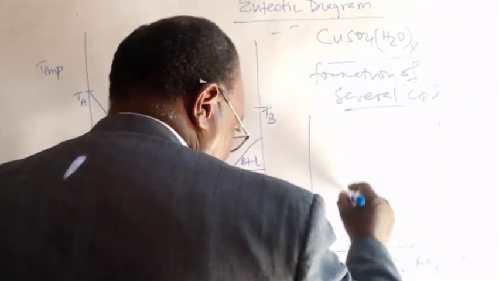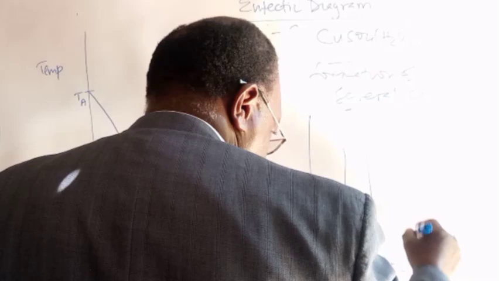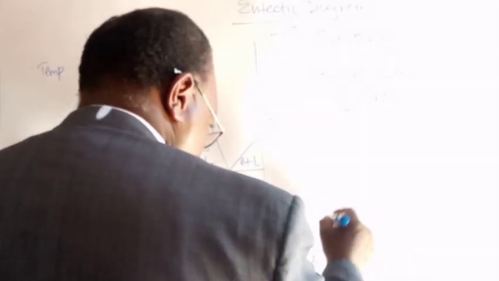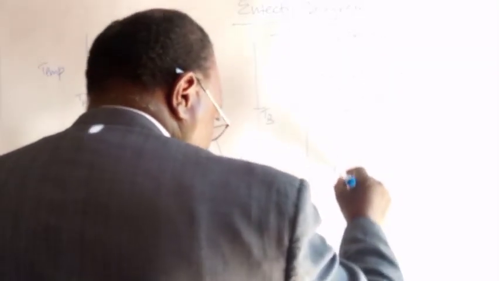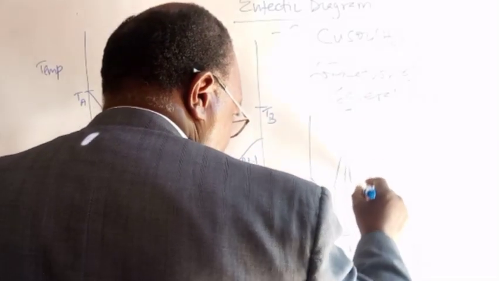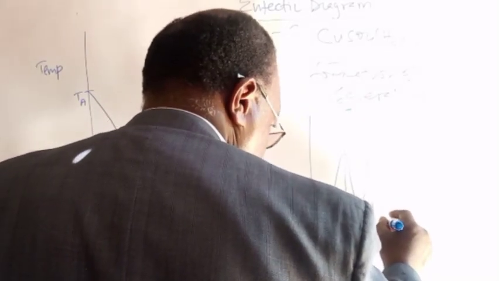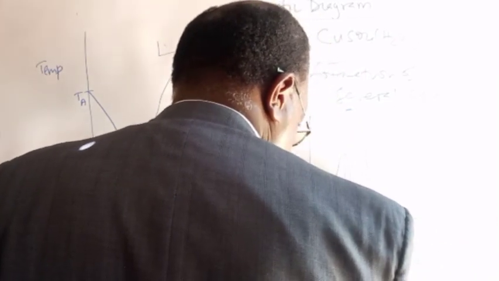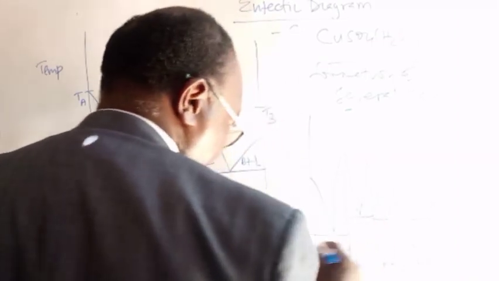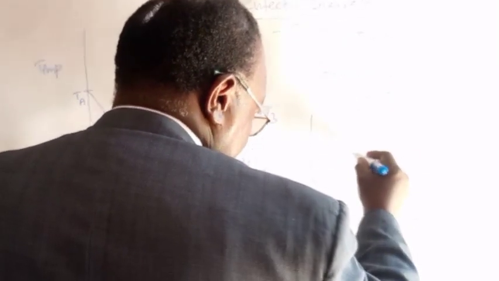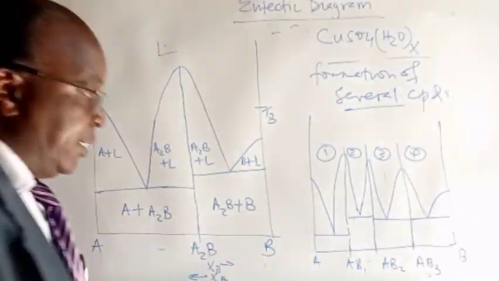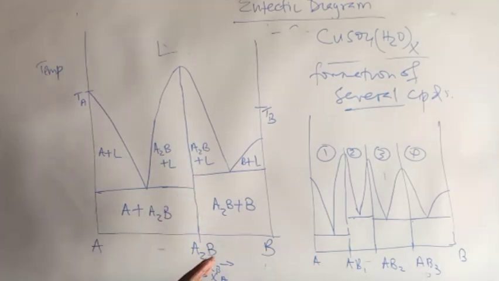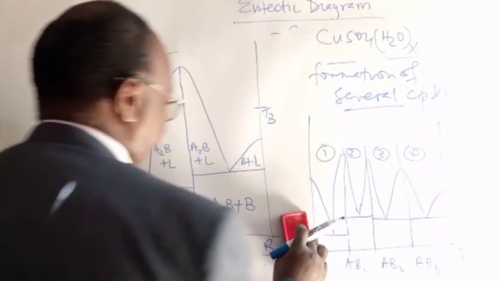So you'll have, for example, one like that, then another one like that, and that. All these are eutectic diagrams. So we can think of one eutectic diagram, a second one, third, fourth, all fused together at the various points representing the compounds. Now we are looking at a simple formation of a compound here.